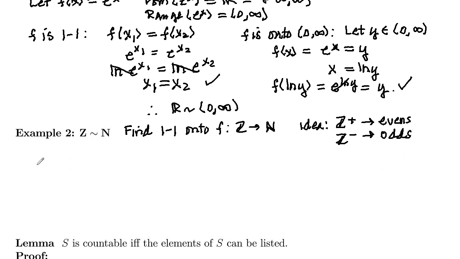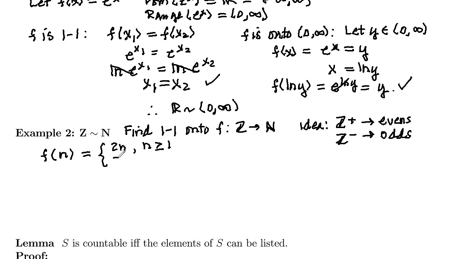Okay, so I'm going to specify the function. It is actually a piecewise function, and it's defined by, I'm going to use n instead of x here, because we're talking about integers. So f of n is going to be 2n if n is greater than or equal to 1. Okay, so if you've got the positives, they go to 2n, which is an even.